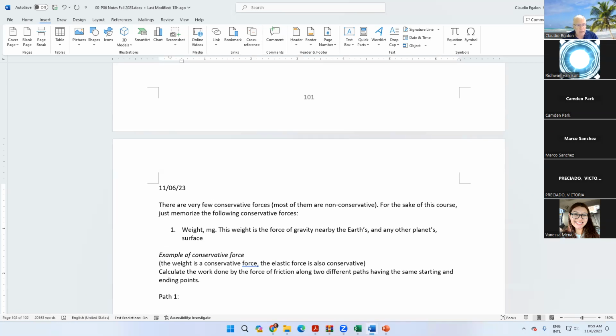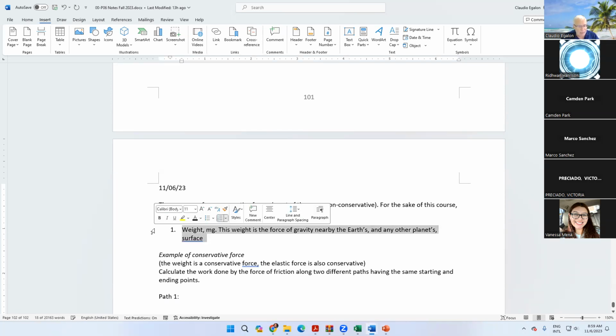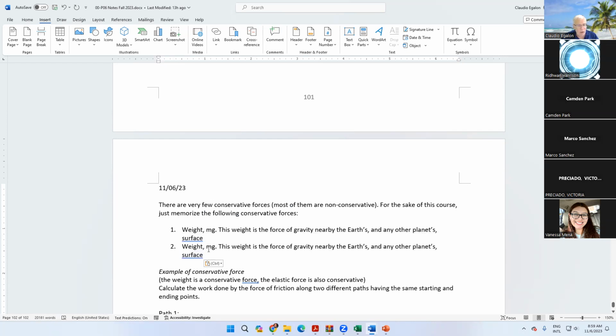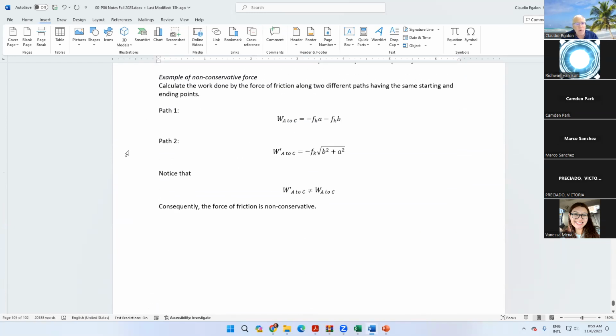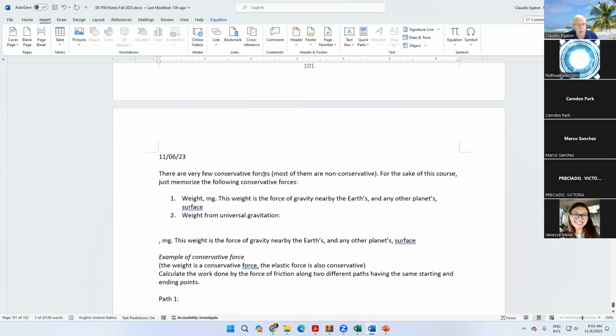Okay, so we have the other weight that we saw, the weight from universal gravitation. This is also a conservative force. Here I'm going to write down the equation for the weight taken from universal gravitation.